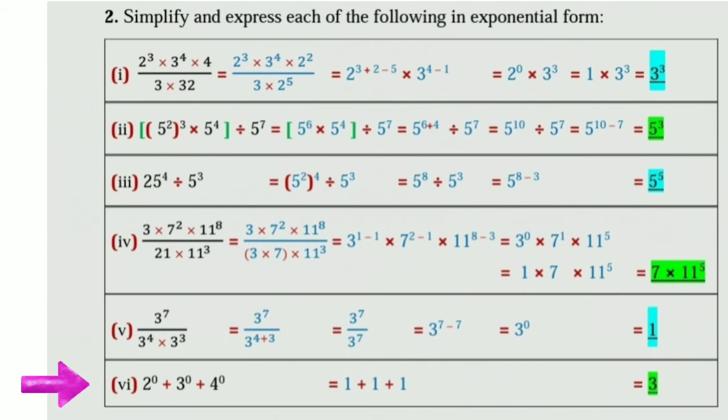Sixth one, 2 raised to 0 plus 3 raised to 0 plus 4 raised to 0. Student, we know that anything raised to 0 gives you 1. Therefore, 2 raised to 0 is equal to 1, 3 raised to 0 is equal to 1 and 4 raised to 0 is equal to 1. That is 1 plus 1 plus 1 is equal to 3. It's clear, everyone?